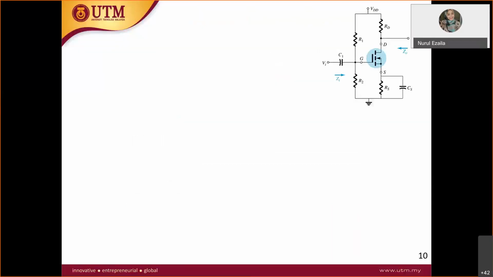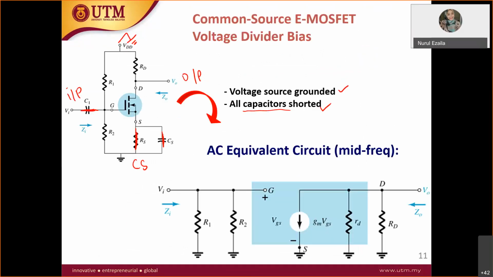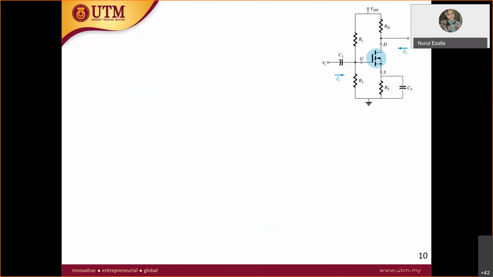Okay, so this is for the common source. So this voltage is grounded and capacitor is shorted.